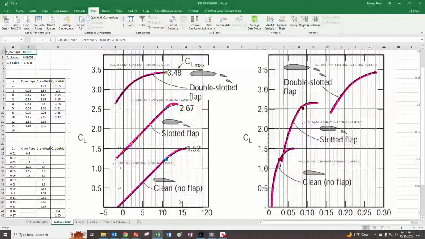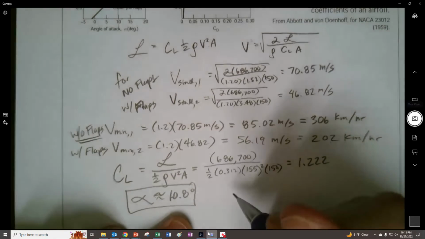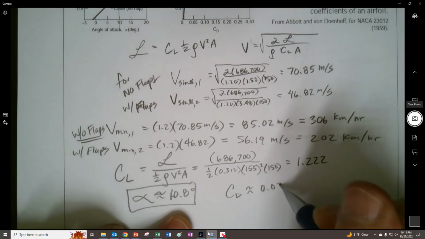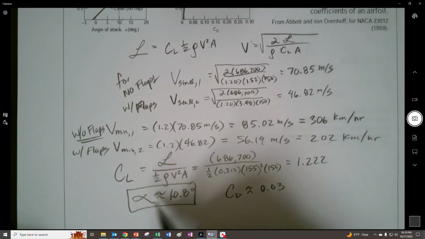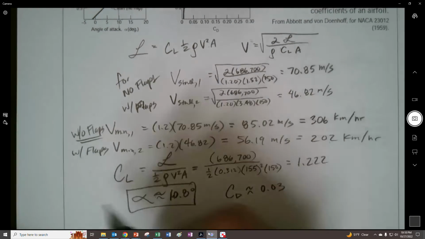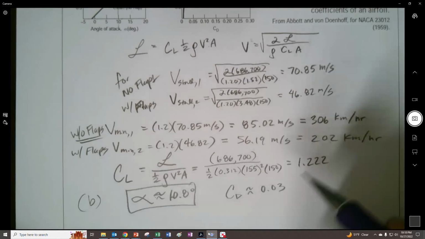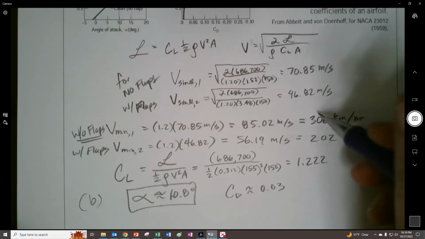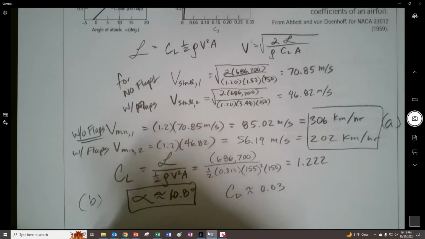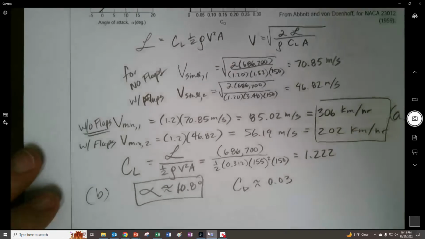So 0.03 is what we'll say is the corresponding drag coefficient that we will get for this angle of attack. This was part B that we answered, and up here, this is part A that we answered. So down here, we're going to do part C.